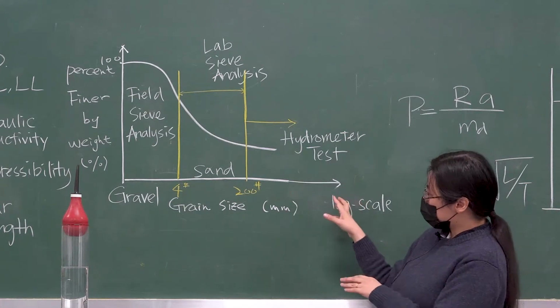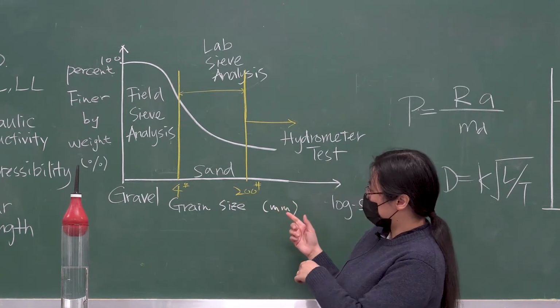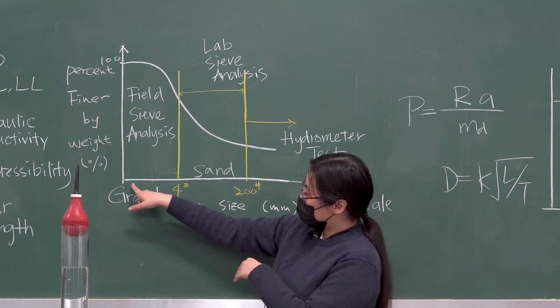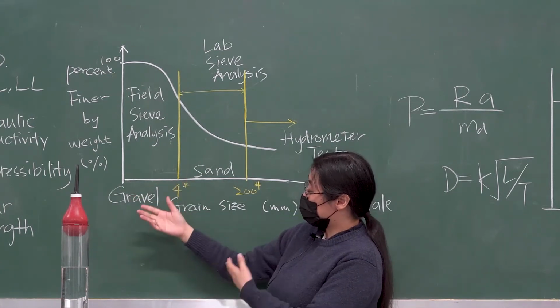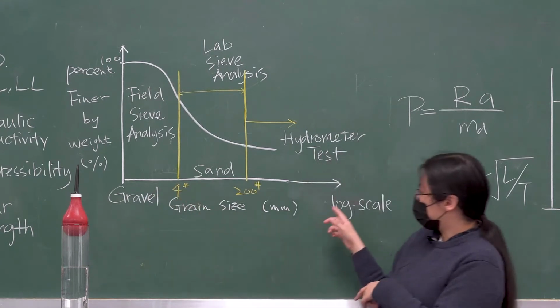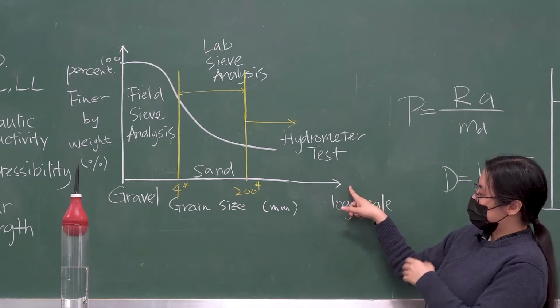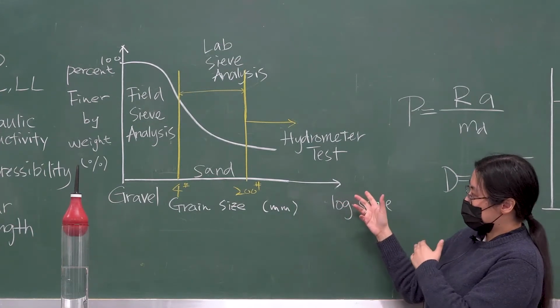If you look at it closely, this axis is in descending order, meaning that the one near the origin represents the particle that has the largest size. The one on the right-hand side of the axis means that the particle has the smallest size.